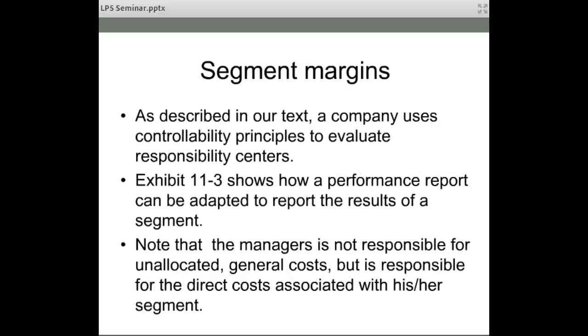As described in the text, a company uses controllability principles to evaluate responsibility centers. Exhibit 11.3 shows how a performance report can be adapted to report the results of a segment. Note that the managers are not responsible for unallocated general costs, but they are responsible for the direct costs associated with their segments.